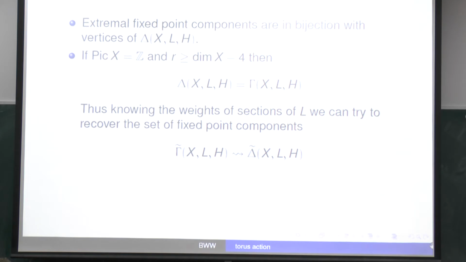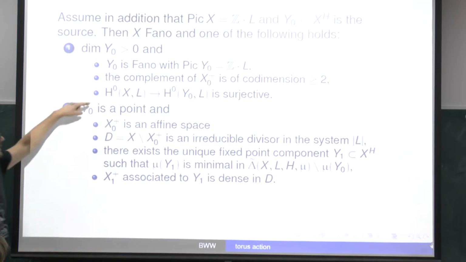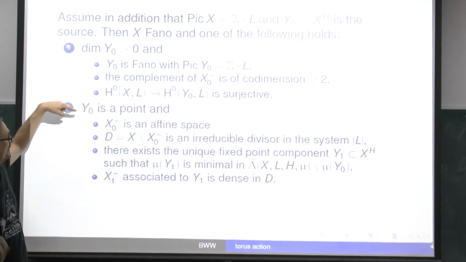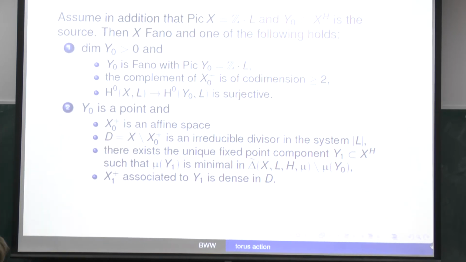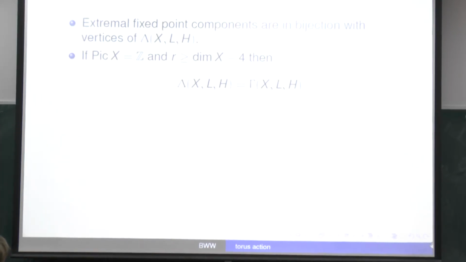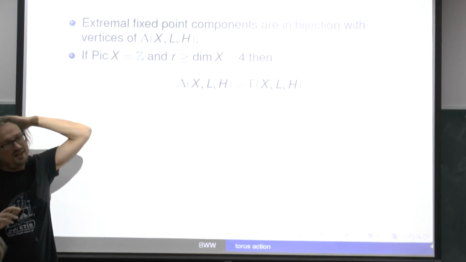And the extension property, which I tried to explain a slide ago, tells you that you have the surjectivity here, and also this is a point and the complement is the divisor and the generator. Okay? So now it reads that these two polytopes are the same, if the rank is sufficiently big.